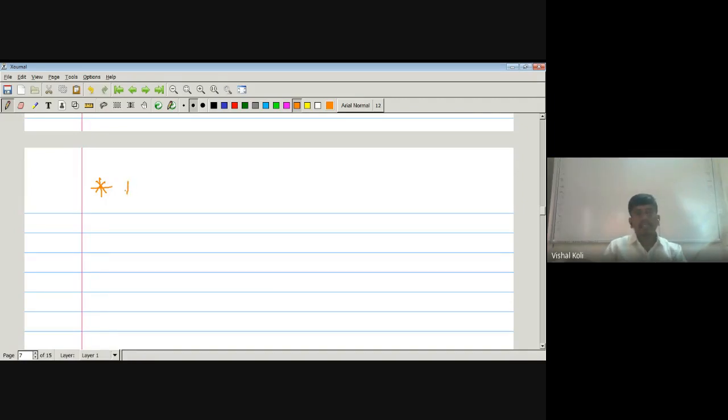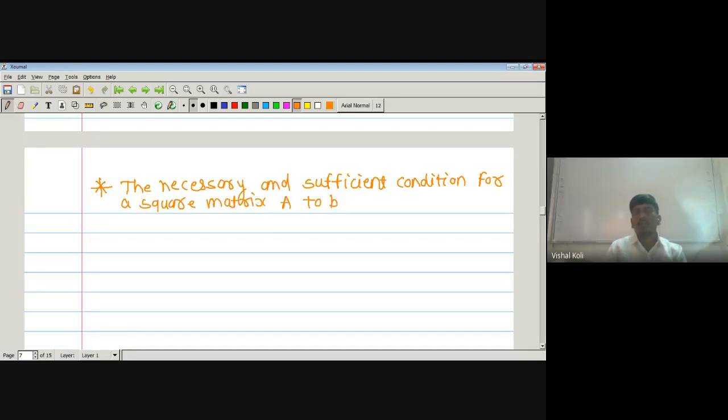See, the necessary and sufficient condition for a square matrix A to be invertible is that determinant of A is not equal to 0.